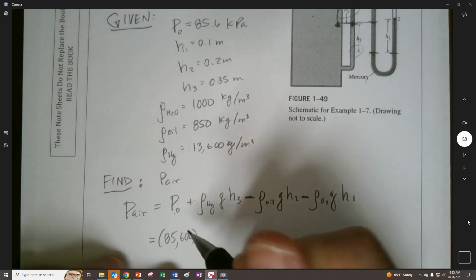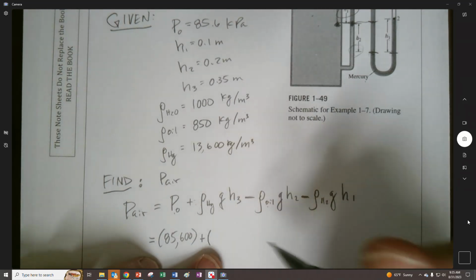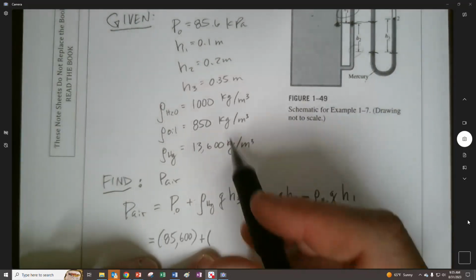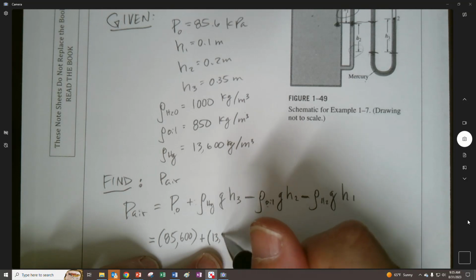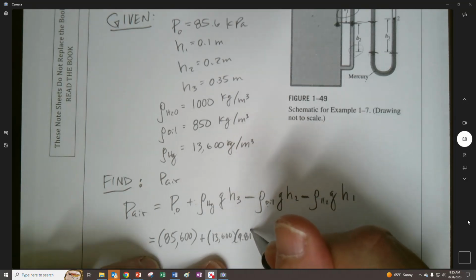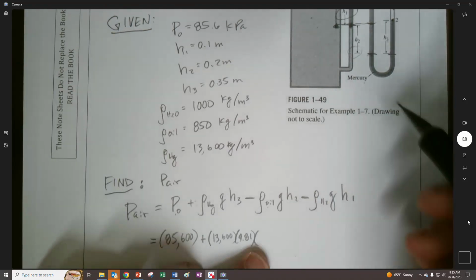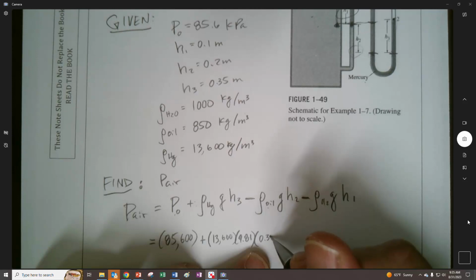I'm going to leave off the units because we're going to use base units so we can be confident with the thing. So we start out with the mercury, 13,600 times our 9.81 times our h3. Where's h3? h3 is 0.35.